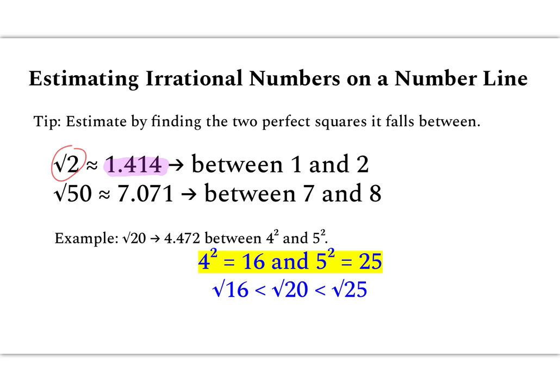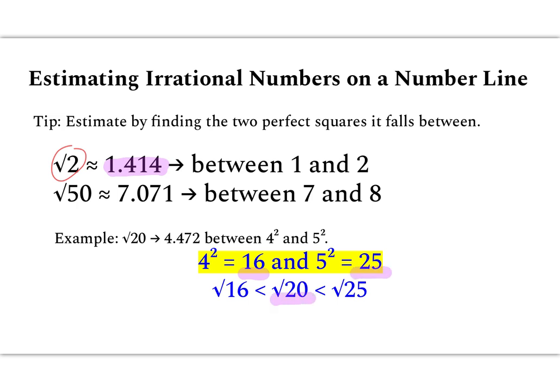All right, let's take a look at another example, square root of 20. We wrote down with a calculator that it equals 4.472, between 4 squared and 5 squared. So how do we determine this? Here it is. We have 4 squared, which equals 16, and we have 5 squared, which equals 25.